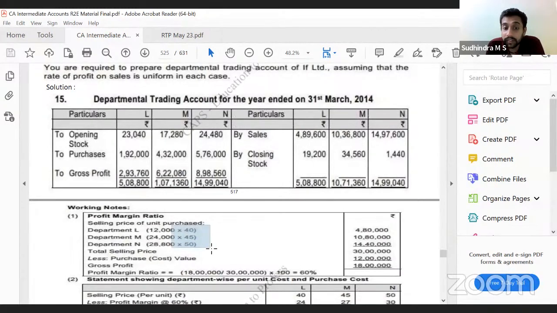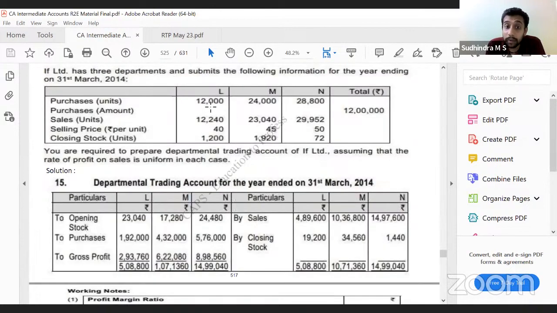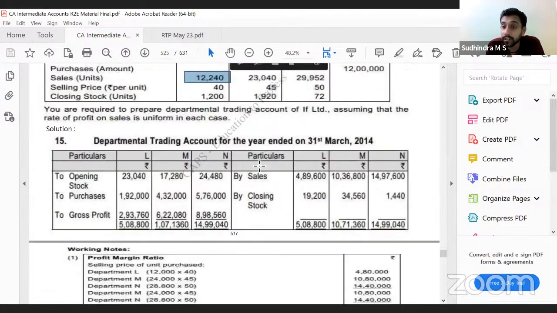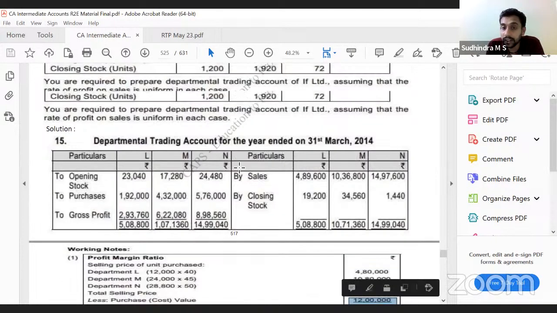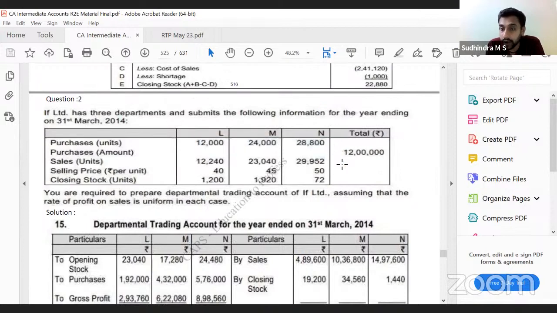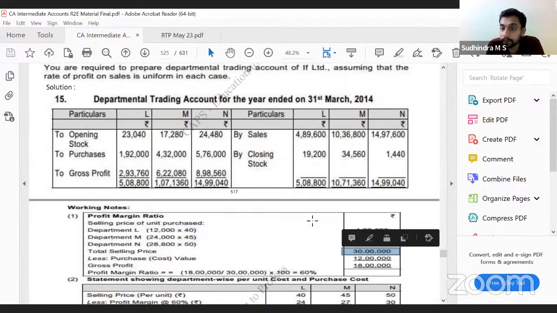If I multiply by the selling price per unit, 12,000 into 40, 24,000 into 45, 28,800 into 50. This is not sales. This is purchases into selling price. I'm not multiplying sale units into selling price, but purchase units into selling price. So this gives us a total selling price of 30 lakh, whereas purchase is 12 lakh.